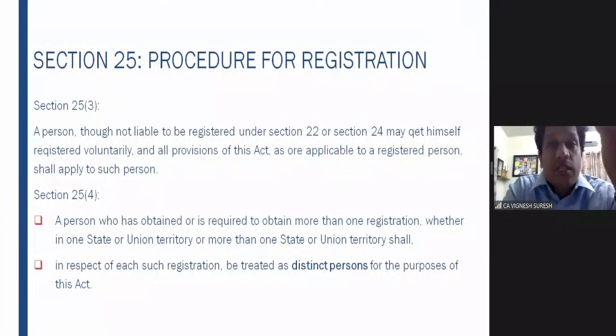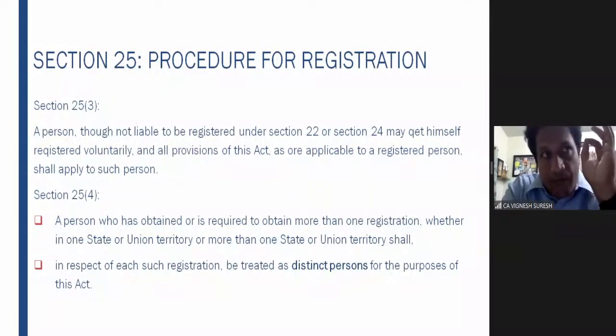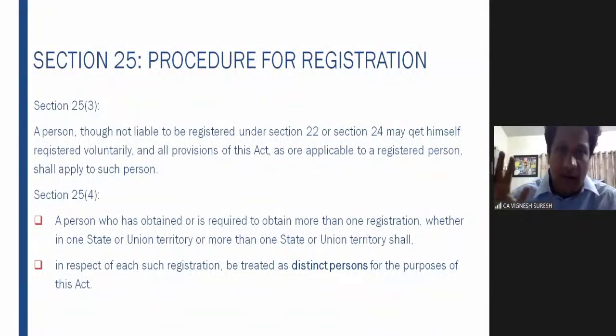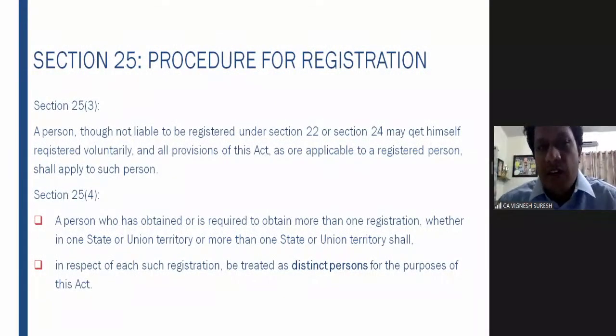Only if you have a GST registration, you will get big orders. Only if you have GST registration, you will get multiple clients. And transparency is assured whenever there is a GST registration. So that was something which was there in the mindset of the business community.